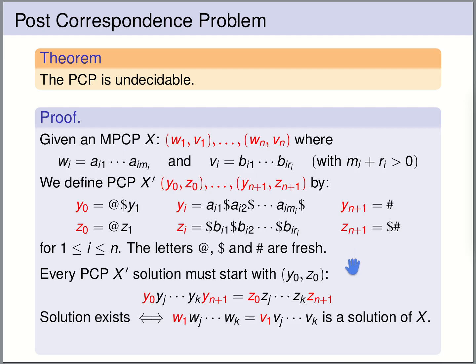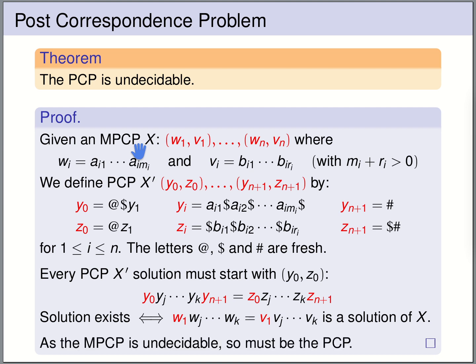So from such a solution we can always reconstruct a solution of our original modified PCP, and we can show that the PCP that we have has a solution if and only if the original modified PCP has a solution. And from this we may conclude that the PCP is undecidable, because if it would be decidable, then we could also decide the modified PCP.